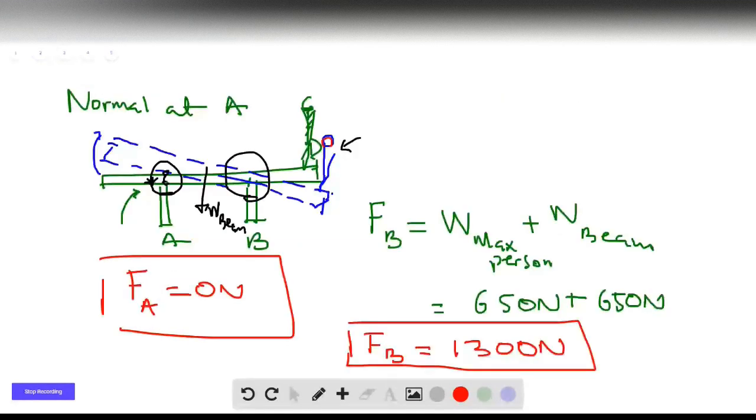At A, it's just barely touching, so the force is going to be 0. But at B, there is a force holding on to the weight, resisting the weight of the beam and the weight of the person. That's why these two 650s add up to 1300. That's the force supported by B.